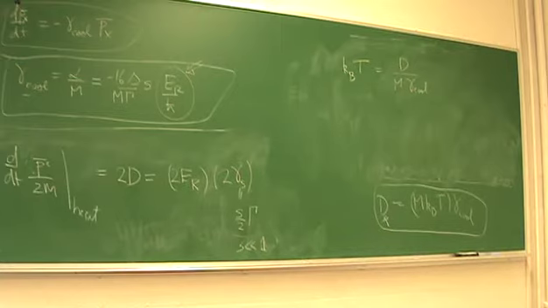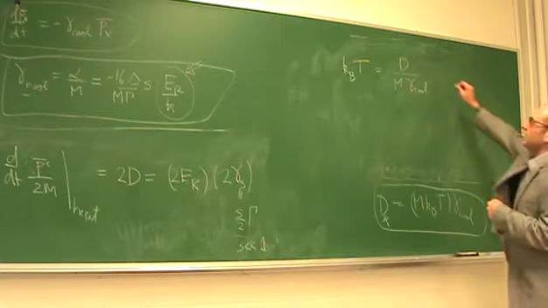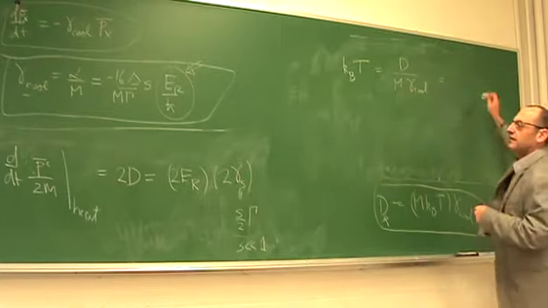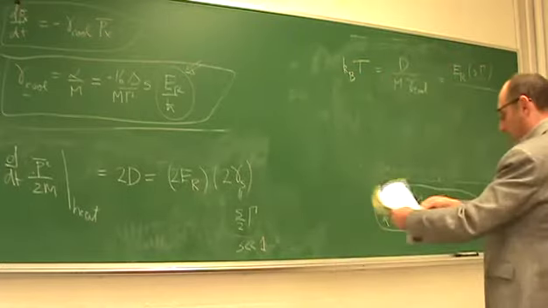Okay, so now I can put it all together. The diffusion coefficient here is equal to recoil energy times S over 2 times 2, divided by, let me just look at my notes to see if I get all this right.